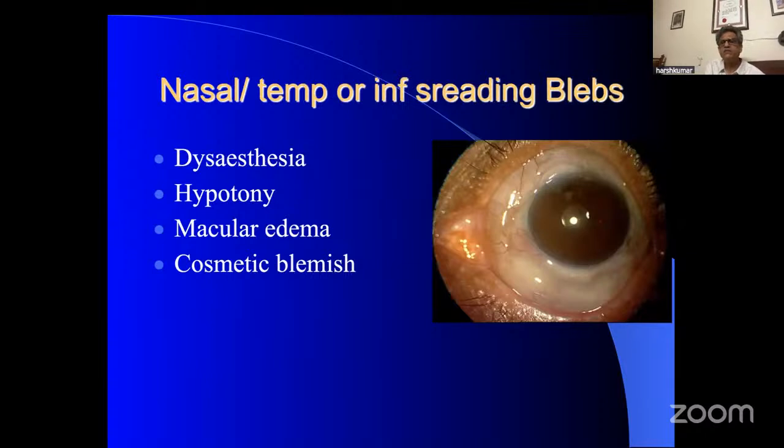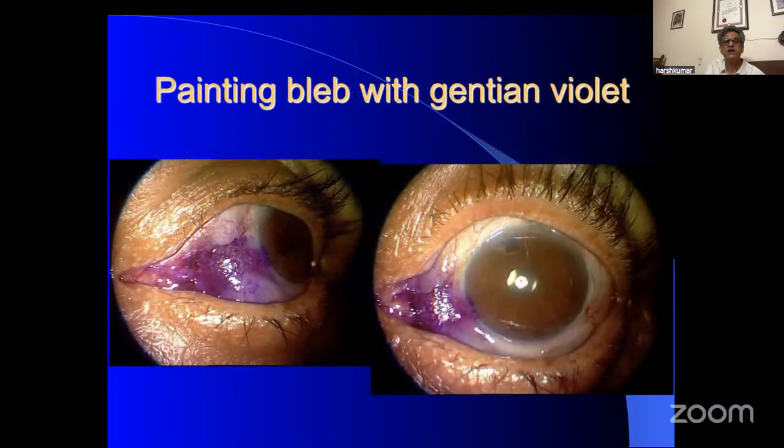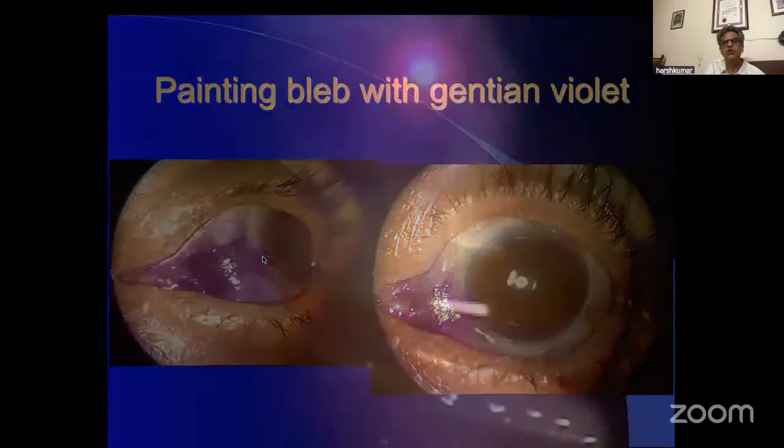Now, this is another procedure. We had a one-eyed patient who came with dysesthesia, hypotony, and macular edema, and we all know that there's excess fluid going in, which should ideally be opened up and closed off, but the patient was just not ready to go into the OT. So what we did was we painted it with gentian violet, and then we gave spots just exactly like I told you.